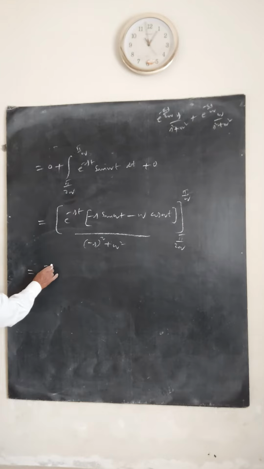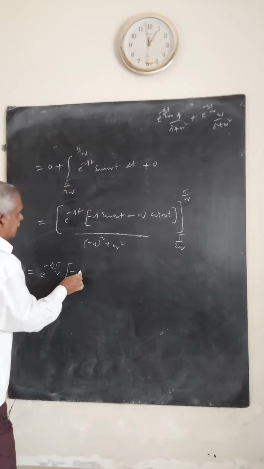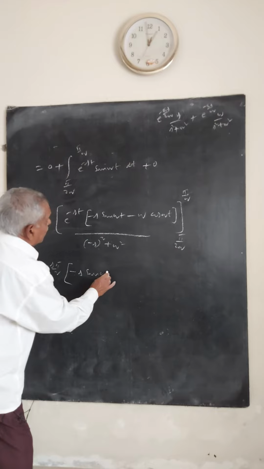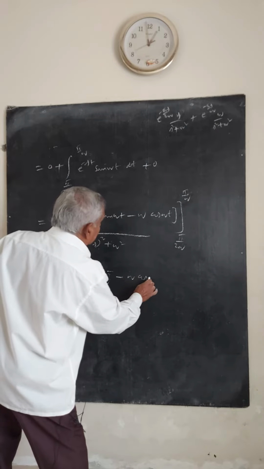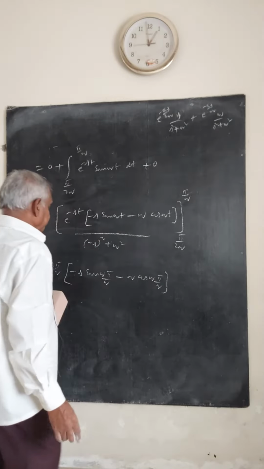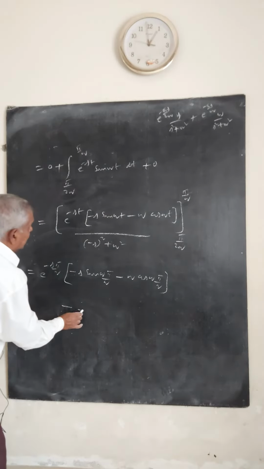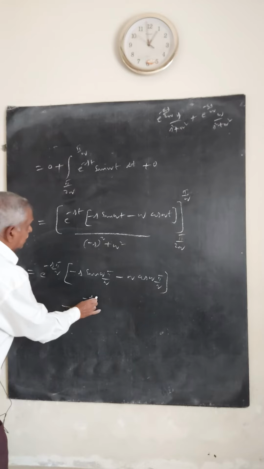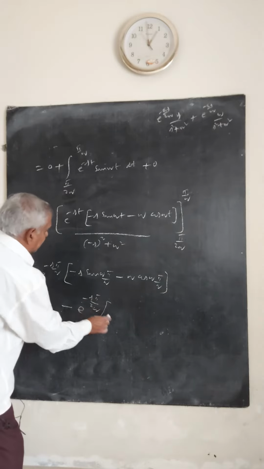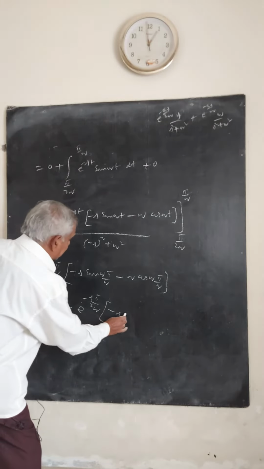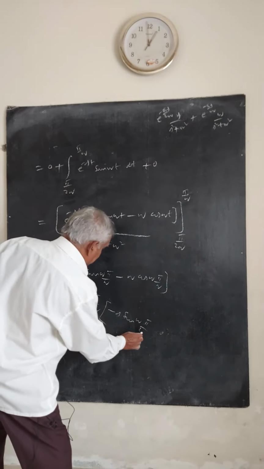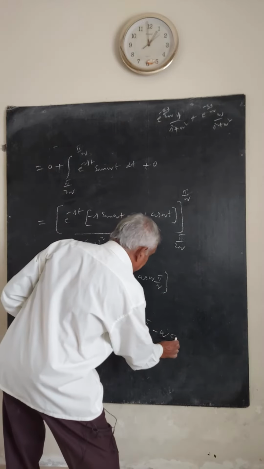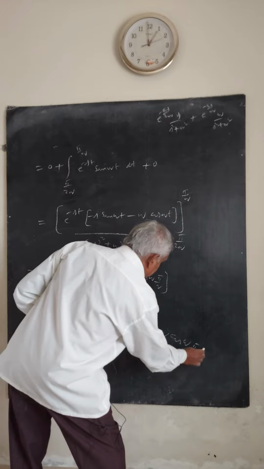Giving the upper limit: e power minus s pi by omega times (minus s sin omega pi by omega minus omega cos omega pi by omega), minus the lower limit: e power minus s pi by 2 omega times (minus s sin omega pi by 2 omega minus omega cos omega pi by 2 omega).